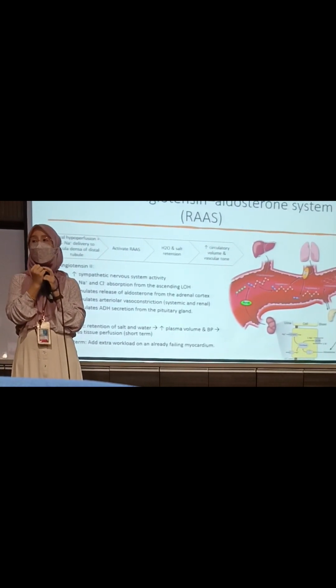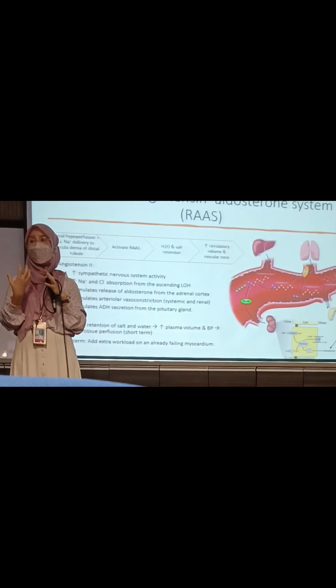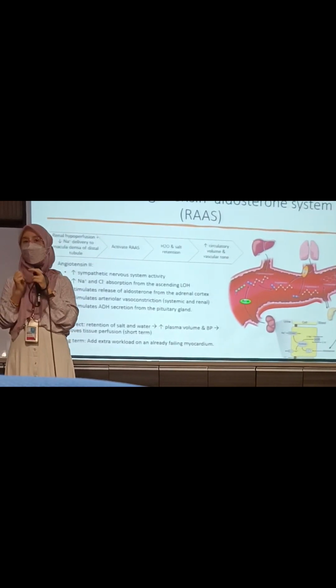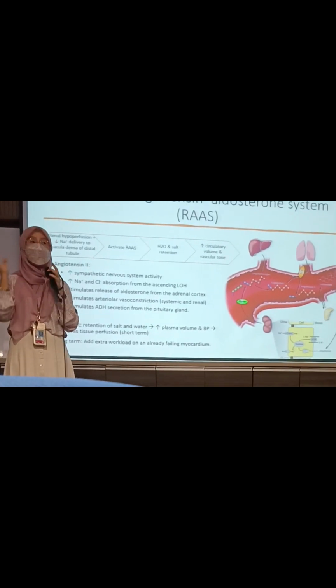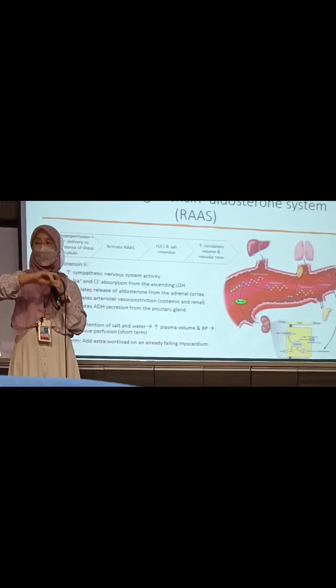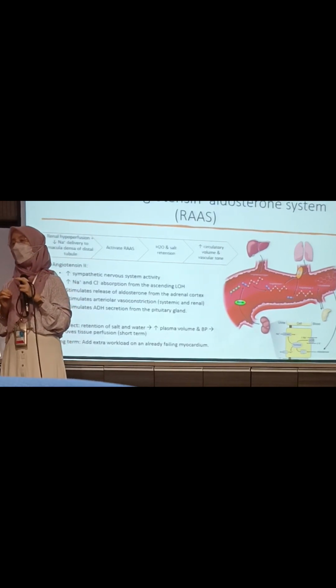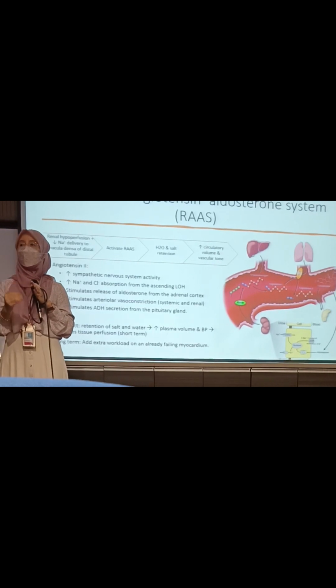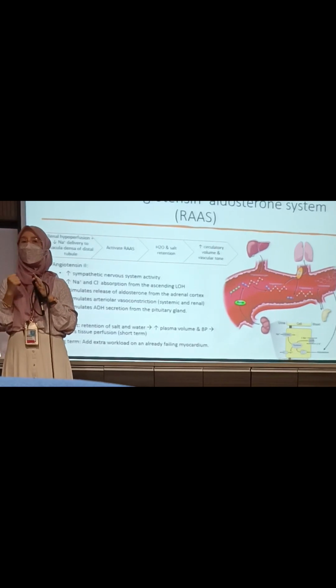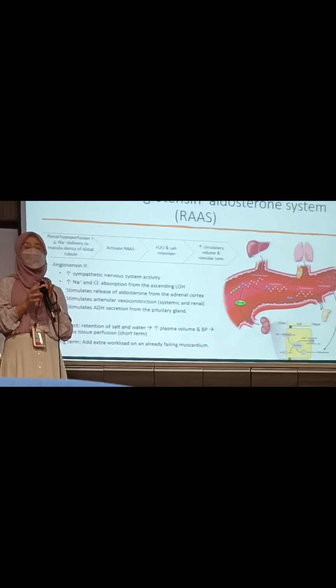Dia increase the pressure total peripheral resistance untuk increasekan cardiac output. Dia increasekan juga heart rate by sympathetic activity. Dia increasekan juga the volume so that increase venous return. So at the end of the day, the net effects are increased sodium and water retention. So dia nak increasekan balik the volume.